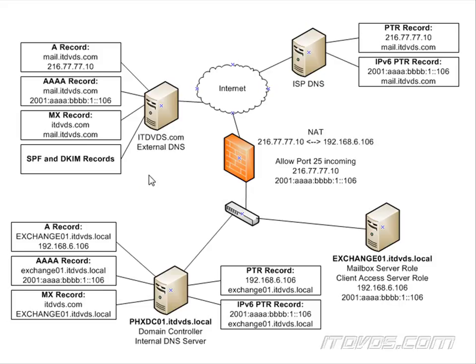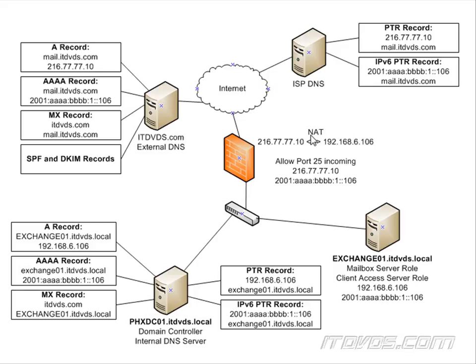Now there are multiple network setups and configurations. There's no one right answer for configuring and setting up your network. Most of the time we're going to have a firewall that separates our internal network from the internet. And with IP version 4, we're going to have external IP addresses that get translated.